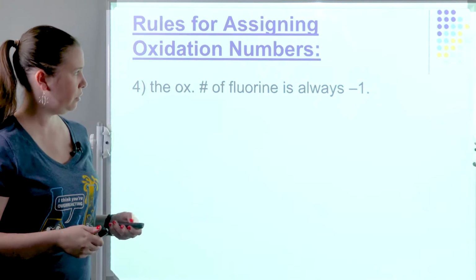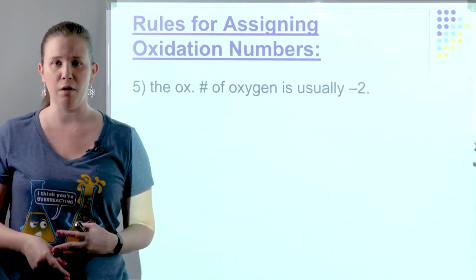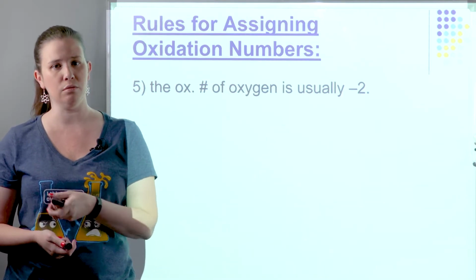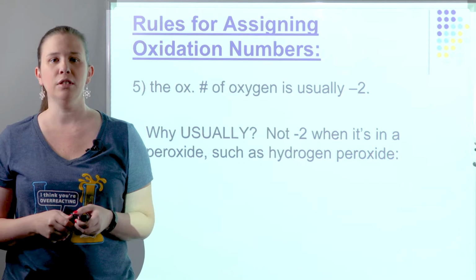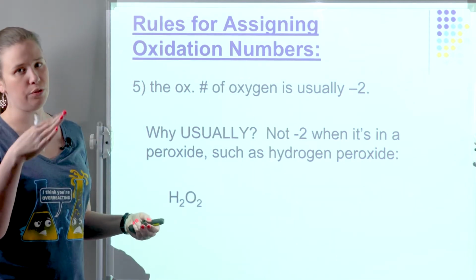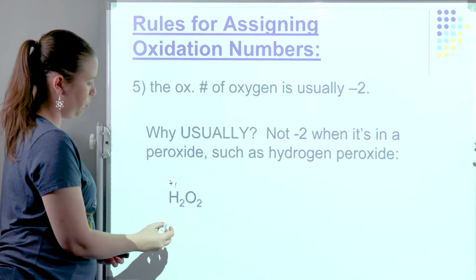Okay. Number 5, and this one's going to come up a lot as we work the problems, the oxidation number for oxygen is usually -2. Now, why usually? Well, let's look at hydrogen peroxide, H2O2. Hydrogen's rule came first. It was rule number 3. So it's going to have to be +1.